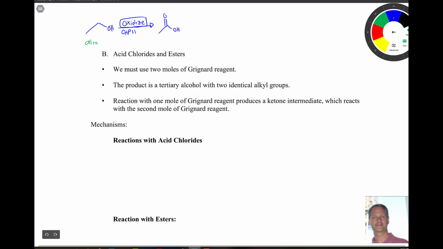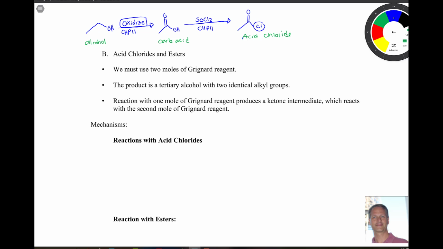So we can take an alcohol and turn it into a carboxylic acid. Again, that's the next chapter, so don't worry about that right now. And then we can add thionyl chloride, again chapter 11, but the end result here is that it makes this guy, which is an acid chloride.